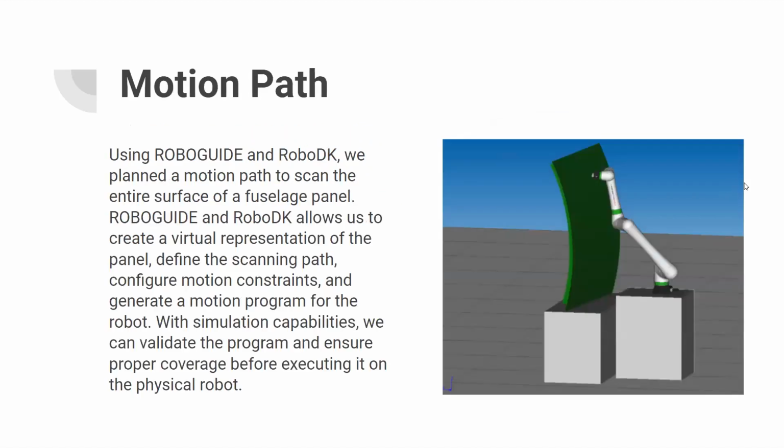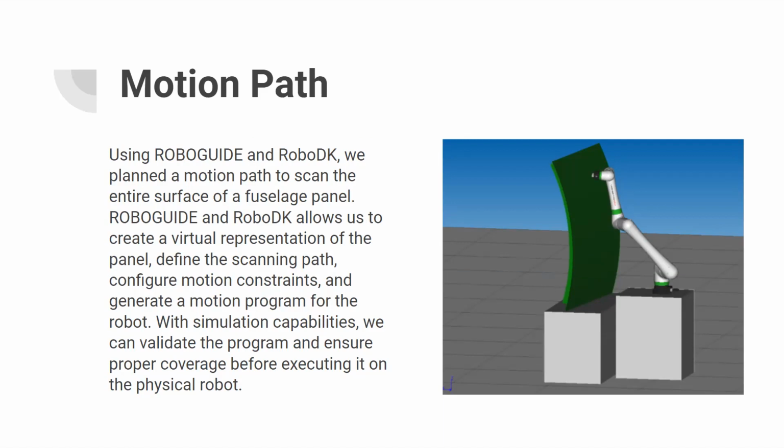As for the motion path, we are using the proprietary software RoboGuide and the third-party software RoboDK to plan a motion path and scan the entire surface of the fuselage panel.